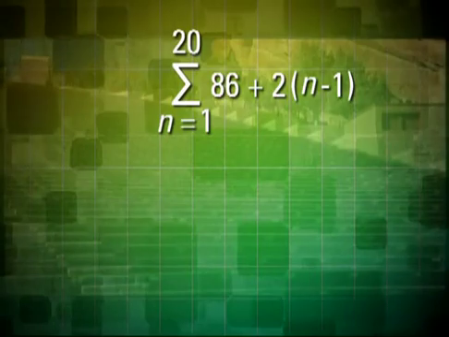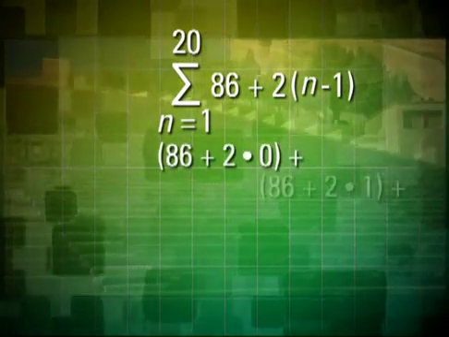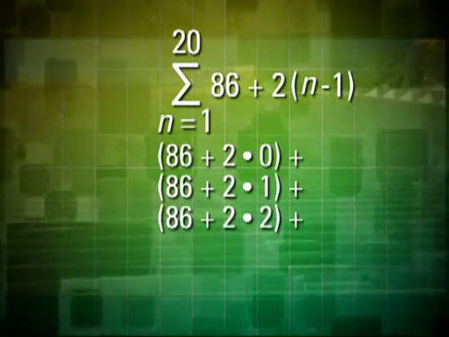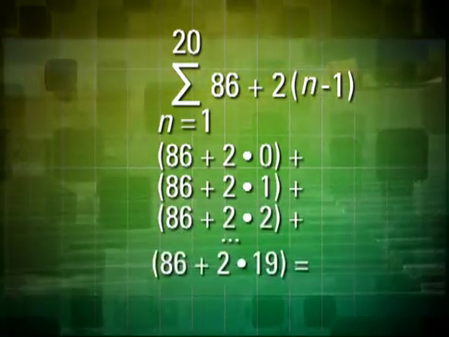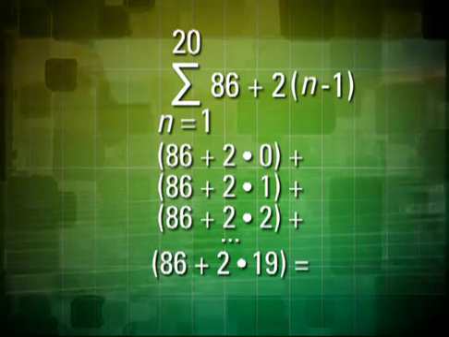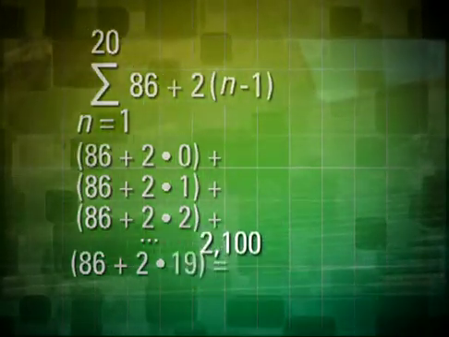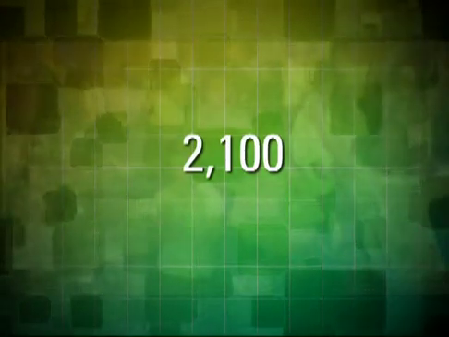This summation notation tells us to add all of the following: 86 plus 2 times 0, 86 plus 2 times 1, 86 plus 2 times 2, all the way to 86 plus 2 times 19, for a total of 2,100 seats. The value of the series is 2,100. Those rows can hold quite a series of music fans.